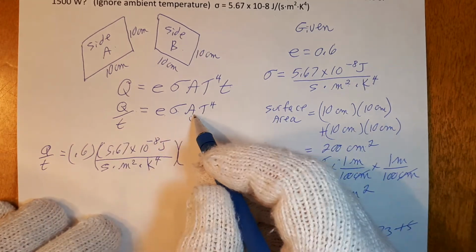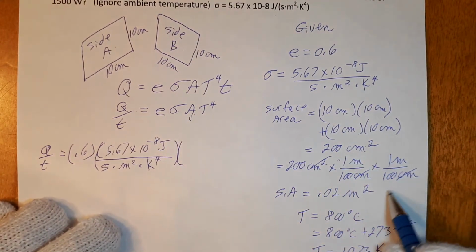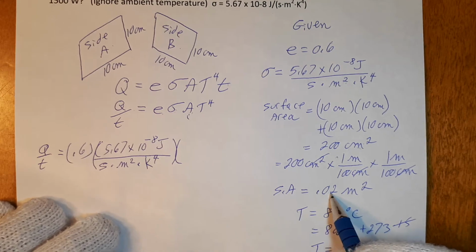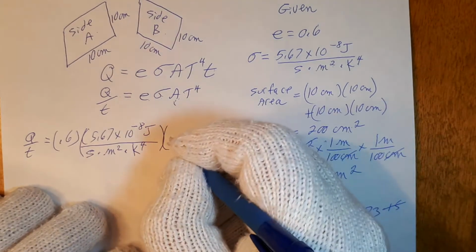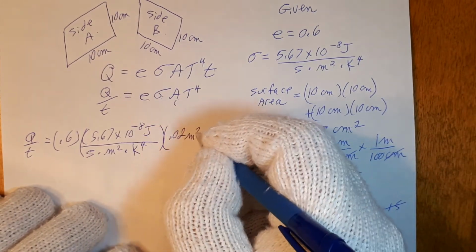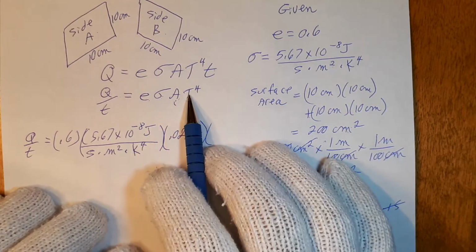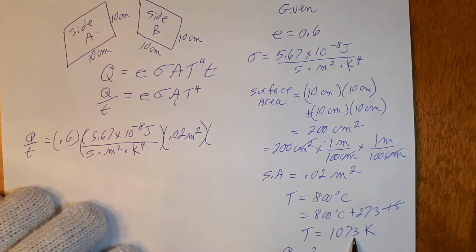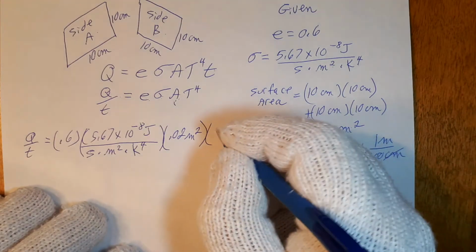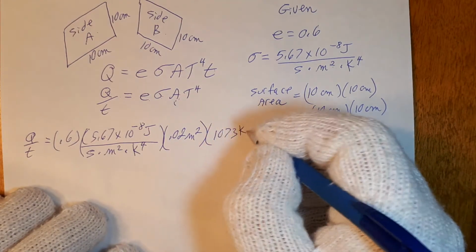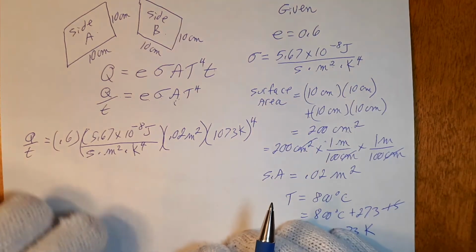All of that times the surface area, which we calculated to be 0.02 meters squared. Multiply that times the temperature to the power of 4, which we said is 1073 Kelvin, everything to the power of 4.